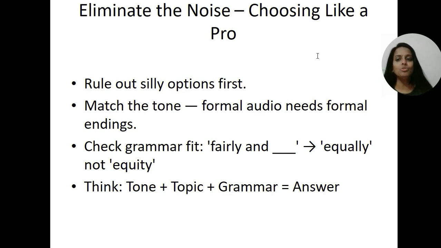So you can just rule out that silly option and check for tone matching. If the speaker is formal or casual, if the whole audio is about economic policy, the missing word is not going to be awesome, right? So it will be probably something like sustainable, productive, or inclusive. So you can predict in that way.